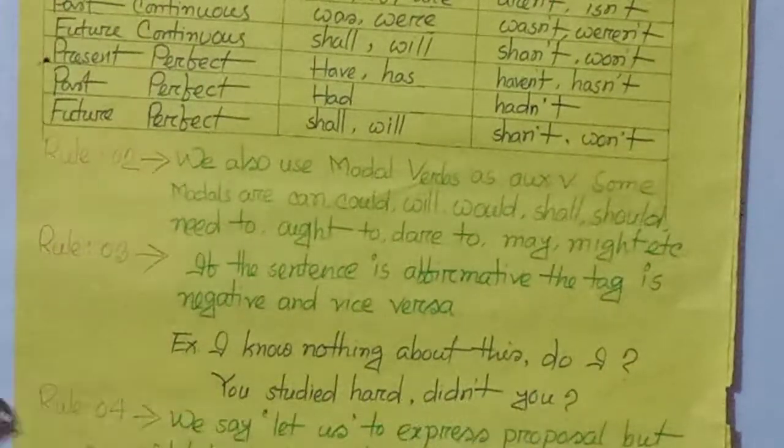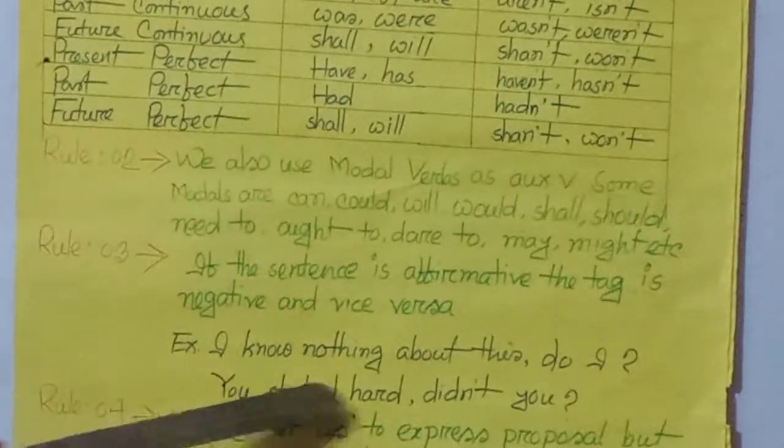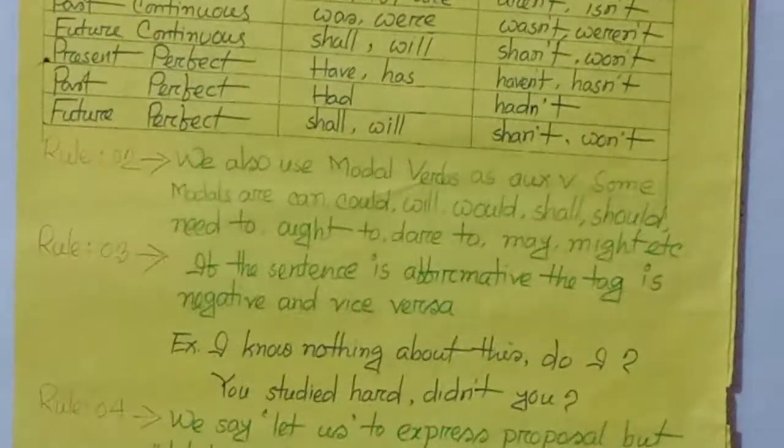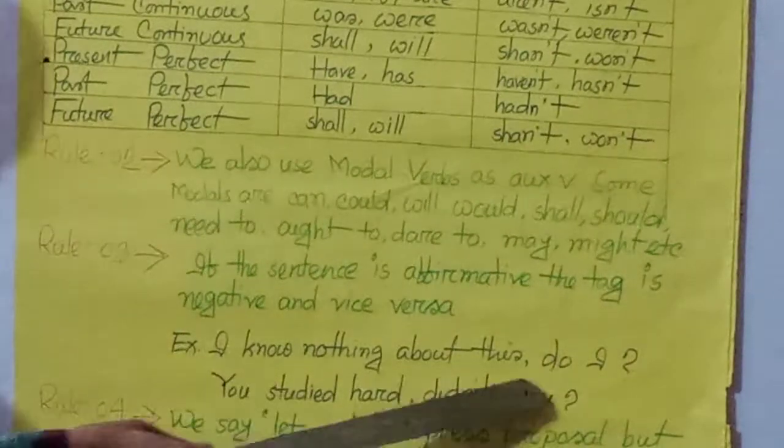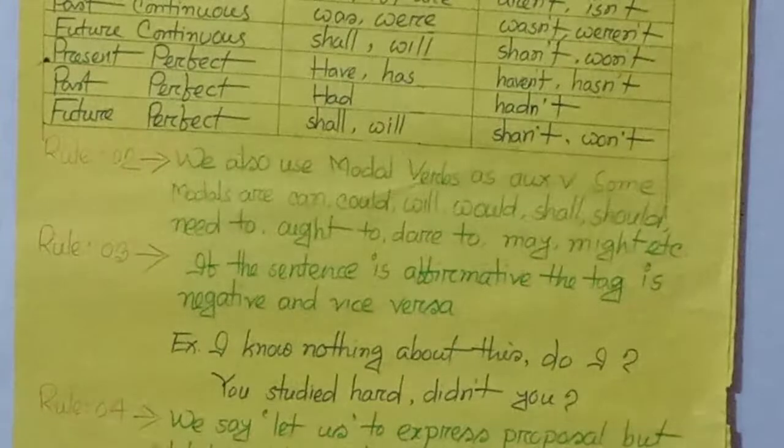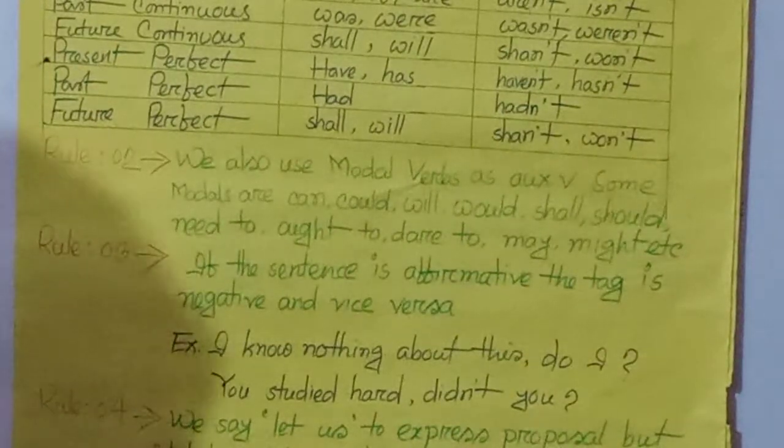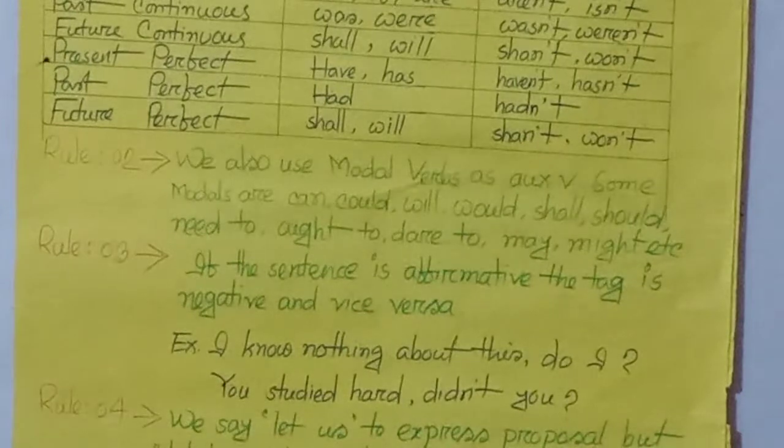And this is in present indefinite tense. How do we understand this is present indefinite? Notice, my dear students, in this sentence there are no auxiliaries. In which tense can't we use auxiliaries? We don't use auxiliaries in present indefinite tense and also past indefinite tense.